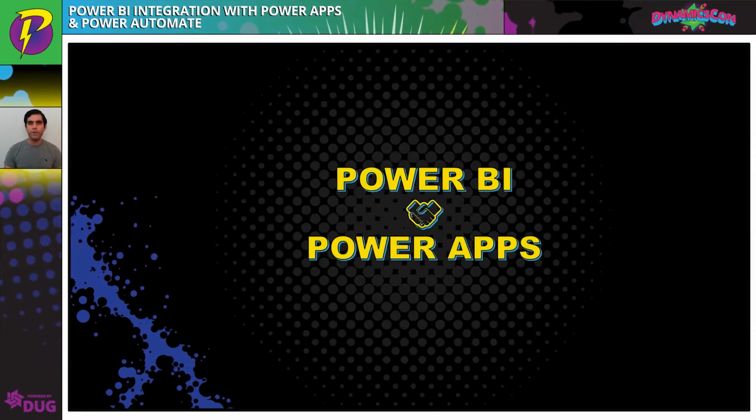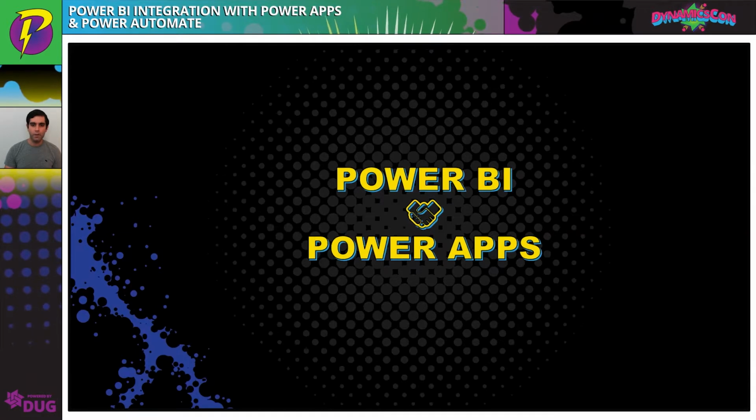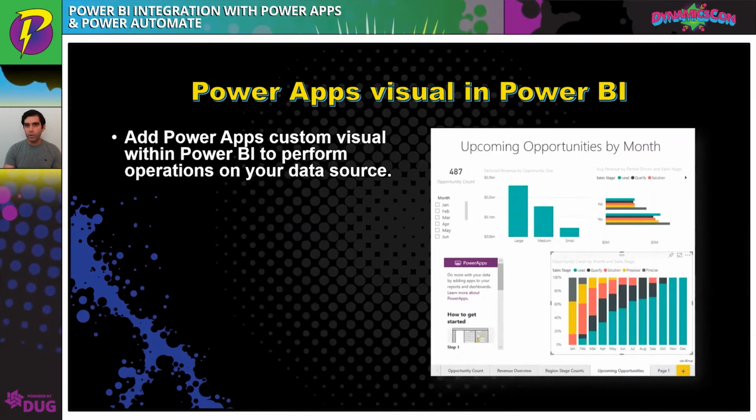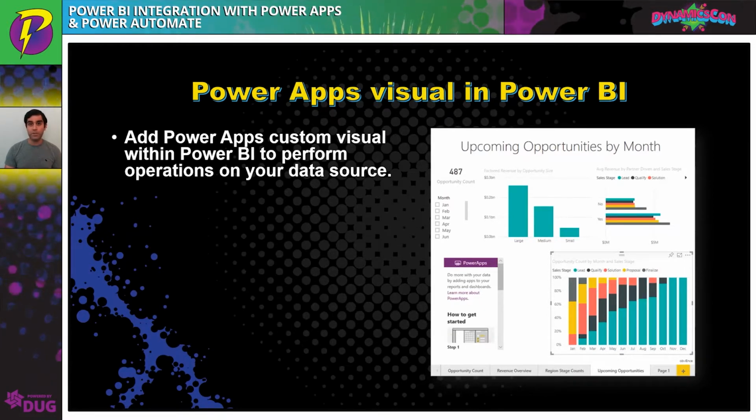Now let's start looking into the different integration aspects of these services. The first one is the integration between Power BI and Power Apps. And in here, we can have a Power App visual inside a Power BI report. Now in Power BI, we build our reports and dashboards by adding the visualizations. And Power BI is great when you want to build visuals.